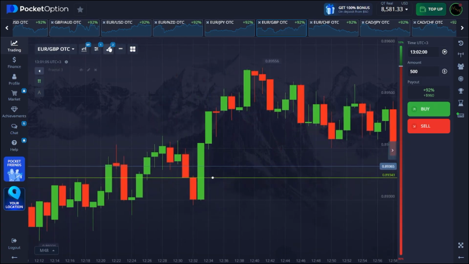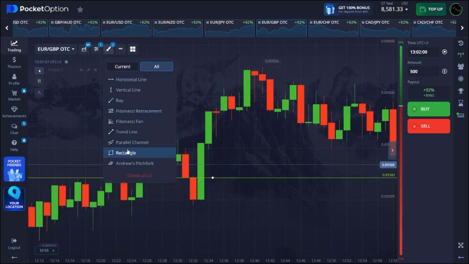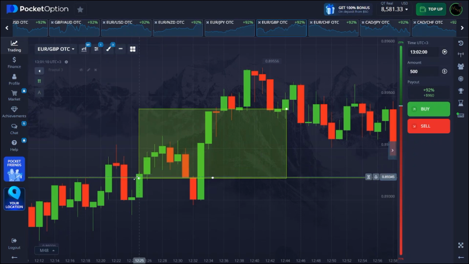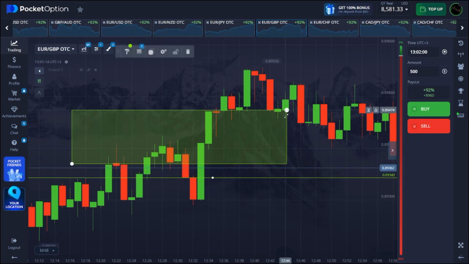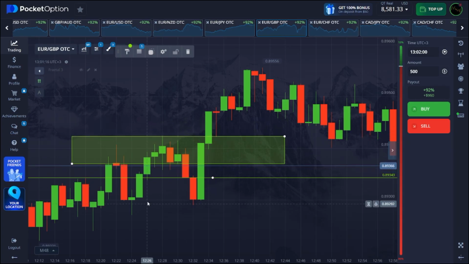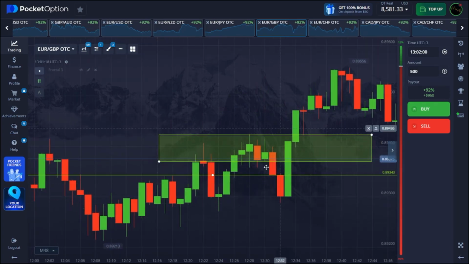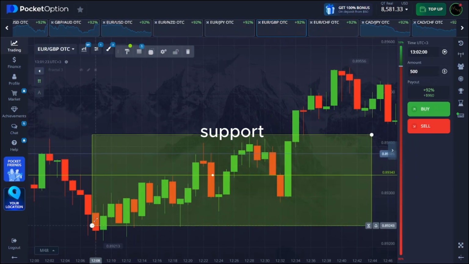So here, as you can see, let me explain what is going on. You have a beautiful resistance area. This was a very beautiful ranging area, the whole of this area.